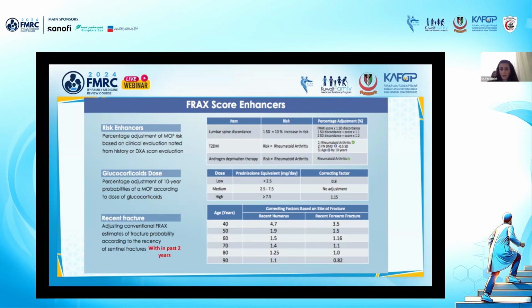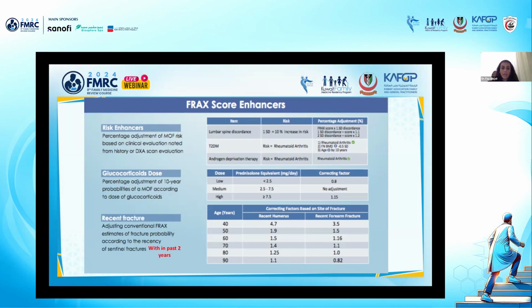This is in the last question. For example, if the patient is diabetic and you chose to correct for that enhancer by adding the negative 0.5 to the T-score, and the T-score was, for example, negative 2.1, the new T-score will be negative 2.6.